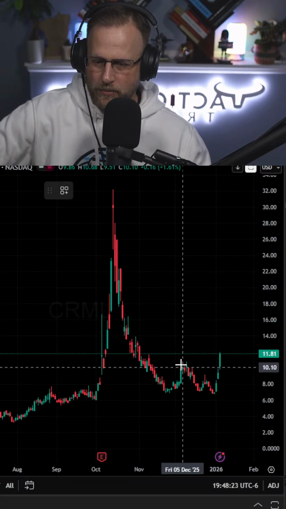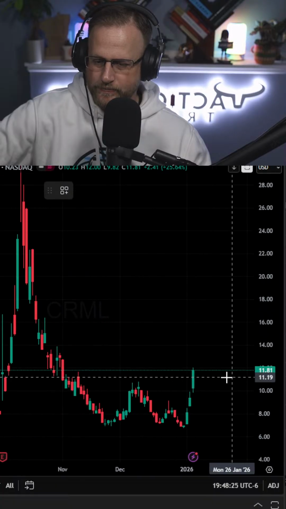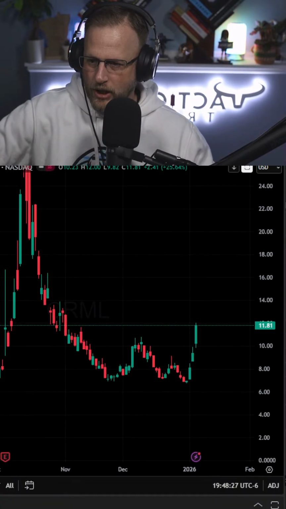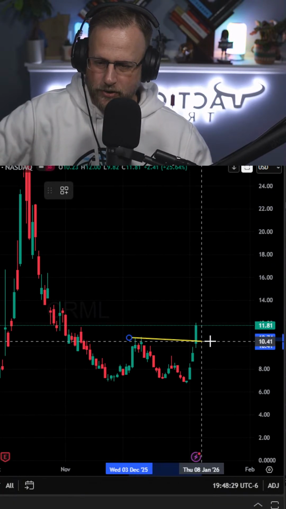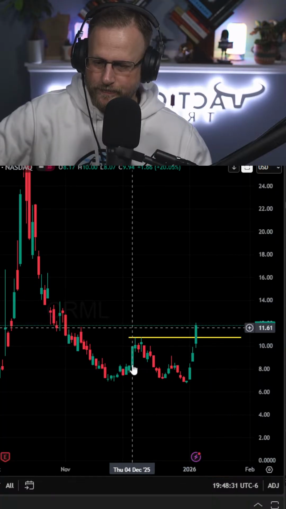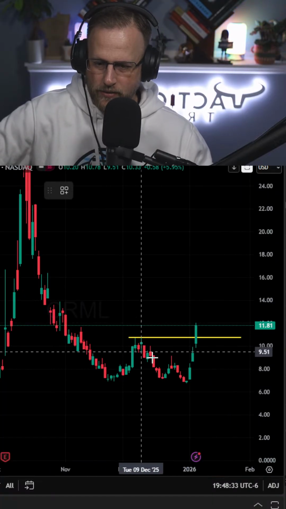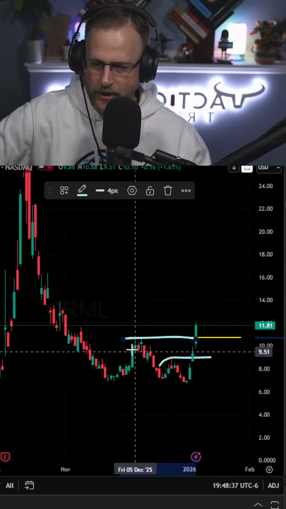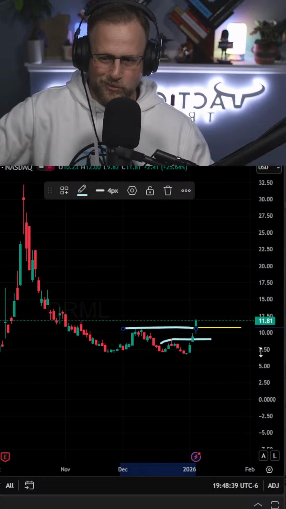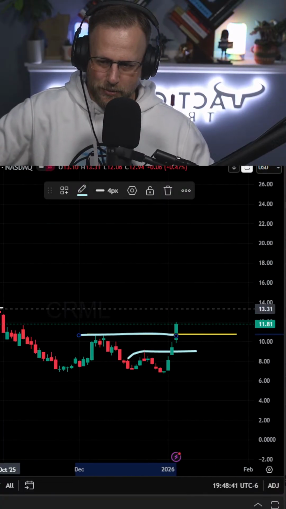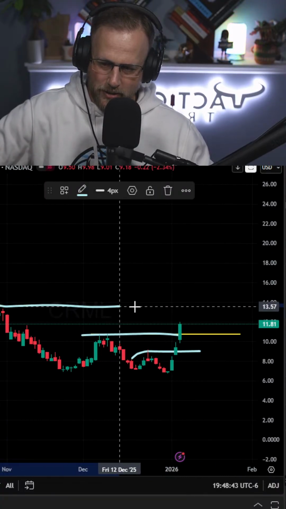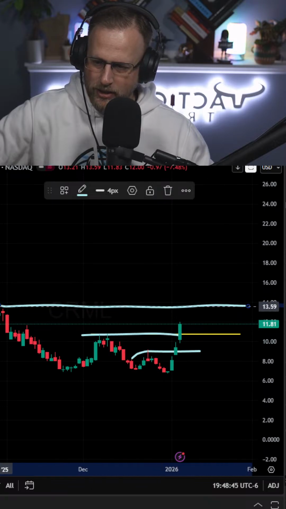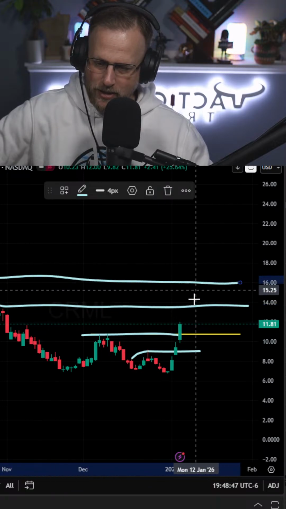Critical Metals Corp. I'll tell you this, just keeping it simple, just from market structure, there's a nice break higher. It even took out this high. There are little smaller levels in here, like maybe 13, 14, maybe 16.